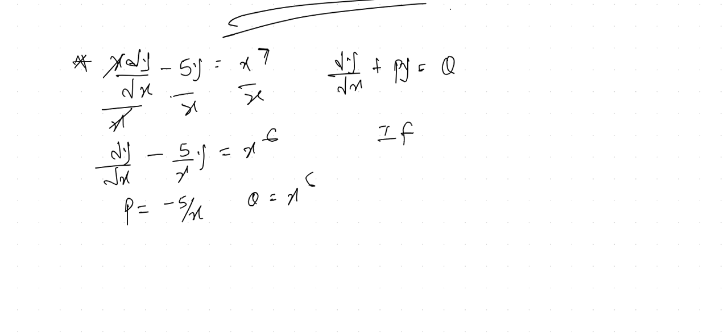We cross multiply, then you have y equals x raised to the power of 7 over 2 plus c times x raised to the power of 5. So this is your answer: y equals x raised to the power of 7 over 2 plus c x raised to the power of 5. All right.